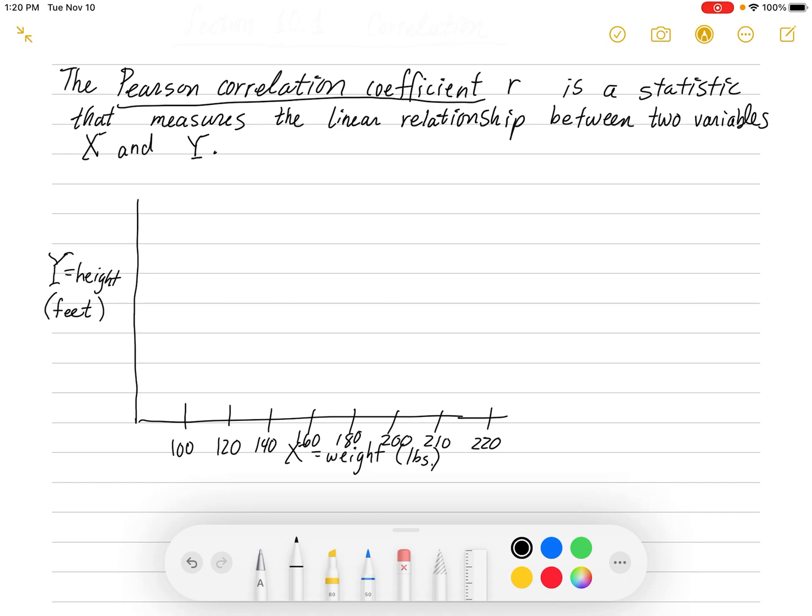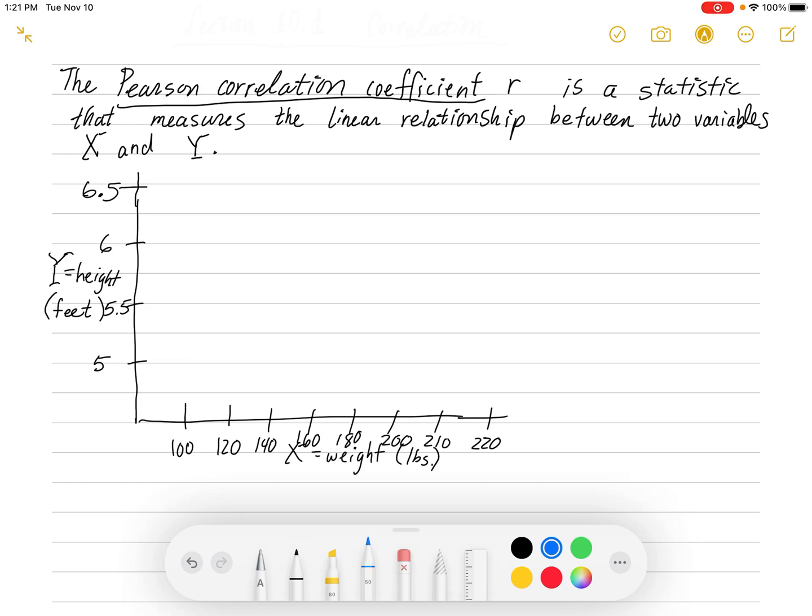So those are our weights, and over here we have our heights. This is going to be in feet. This would be 5 feet. This would be 5.5 feet. This would be 6 feet. This would be 6.5 feet.